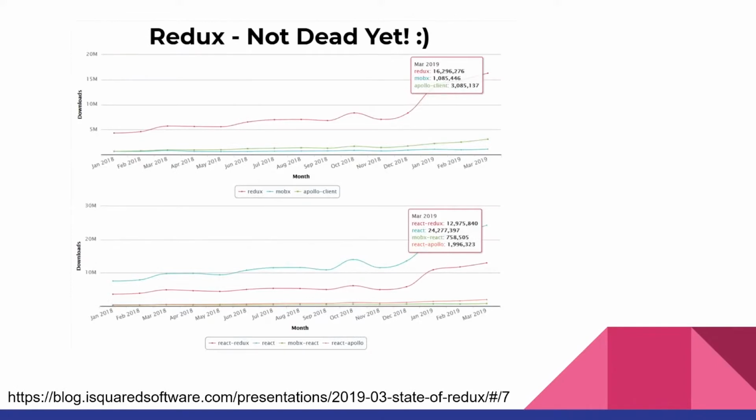Redux is not dead yet. The biggest question to answer about the future of Redux is whether Redux can be considered dead. In short, no. According to statistics, as of 2019, roughly 50 to 55% of React applications use Redux. That is a significant percentage.